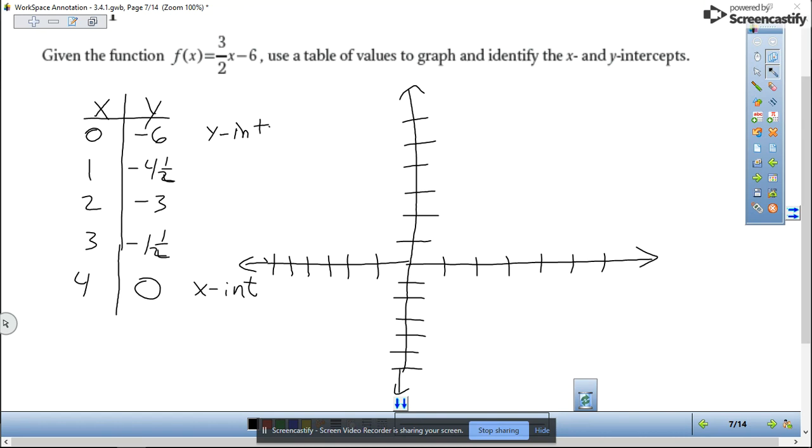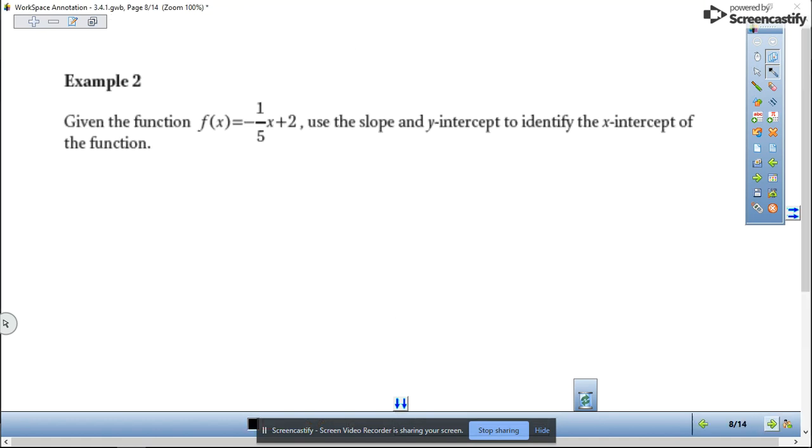So 0, 1, 2, 3, 4, 5, 6. Plot the x-intercept, 1, 2, 3, 4. And there's your line. All right, good deal. Next example.